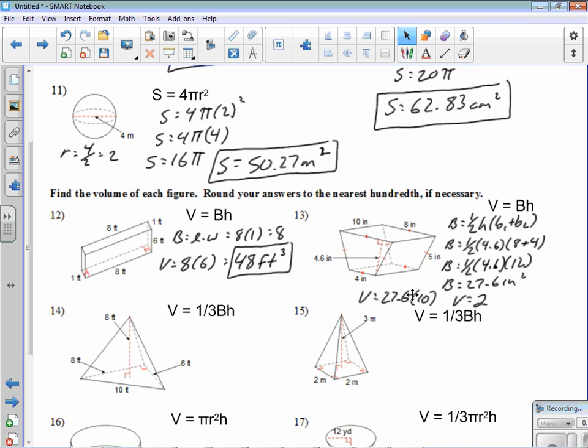So our volume is going to be 276 inches cubed.